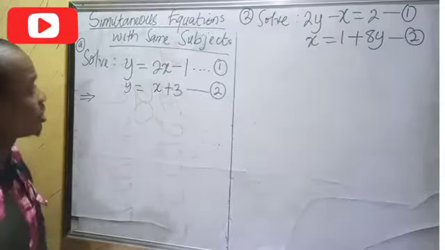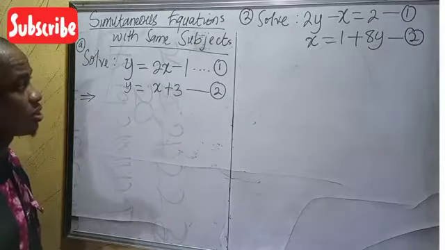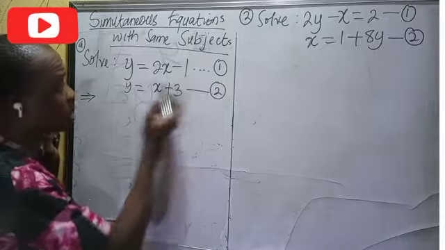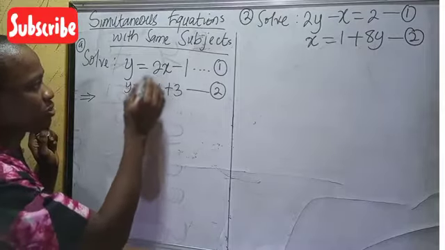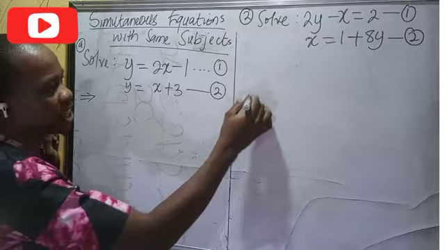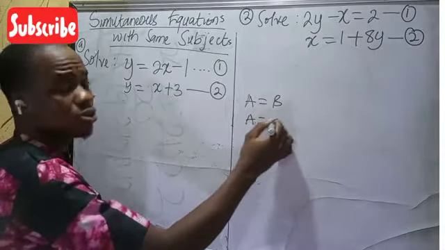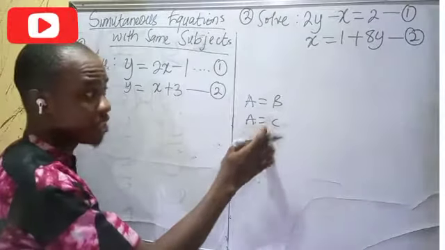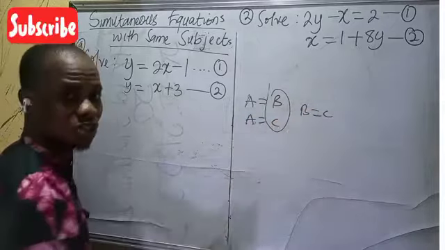Since y equals to this and we have y also to be subject here, therefore we can say y equals to this and y equals to this. Like let's say we have a equals to b, and a equals to c. For a equals to b and a equals to c, definitely we can conclude that b equals to c. Do you understand now?